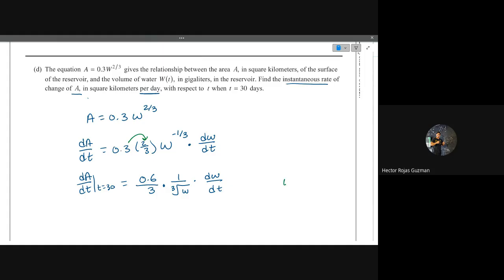But if we go back to the problem, we can actually figure out what W is at 30. W is 125. So this equals, well, 0.6 divided by 3 is 0.2 times the cube root of 125 times dW/dt.